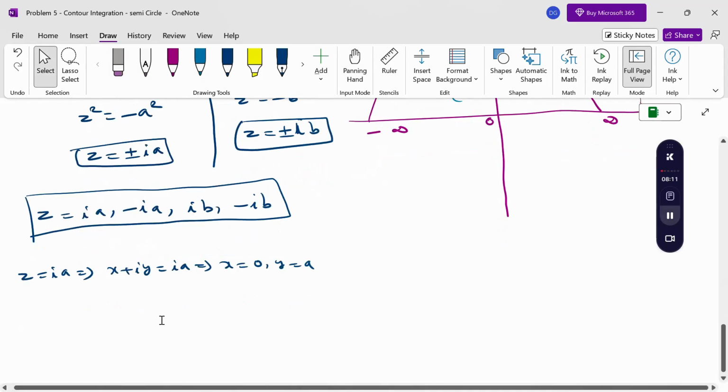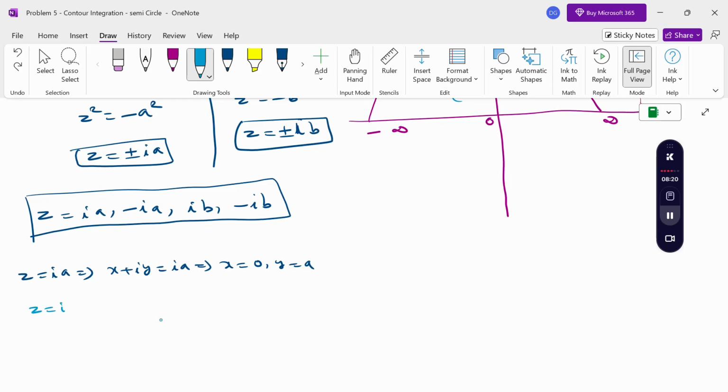Therefore z equal to ia is a simple pole and lies inside the semicircle.